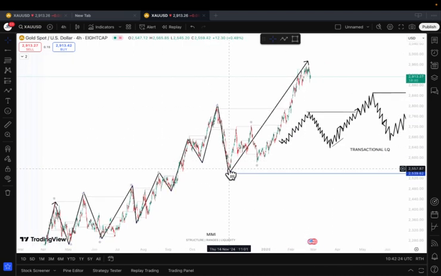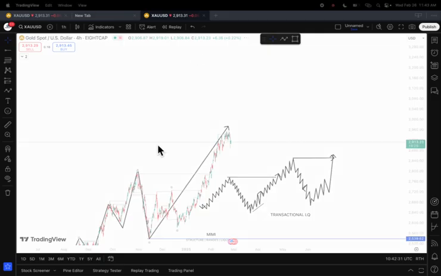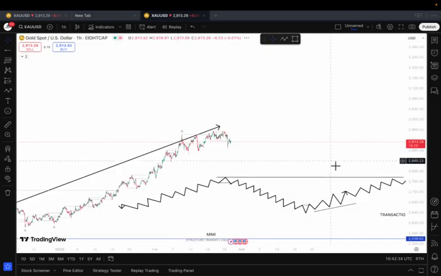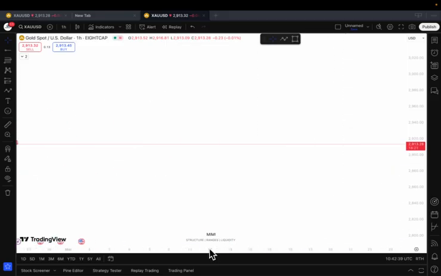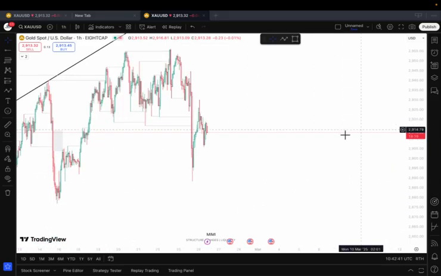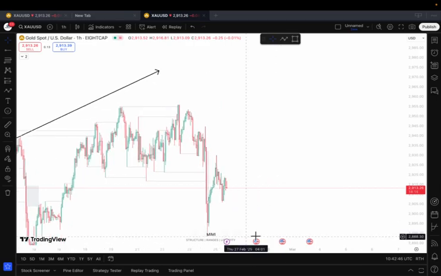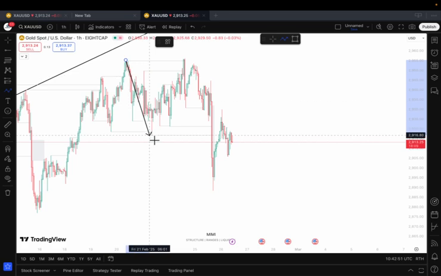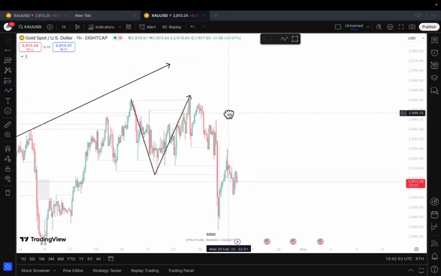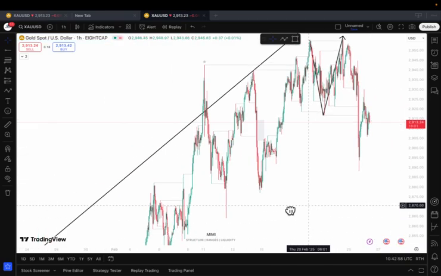Then from the most recent external, you start marking out your internals till the most recent internal. The most recent internal we have here is this guy, and following it is this other guy here.